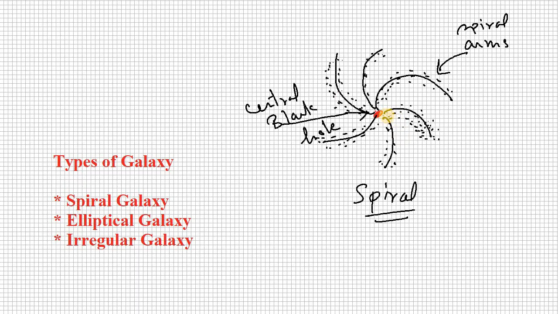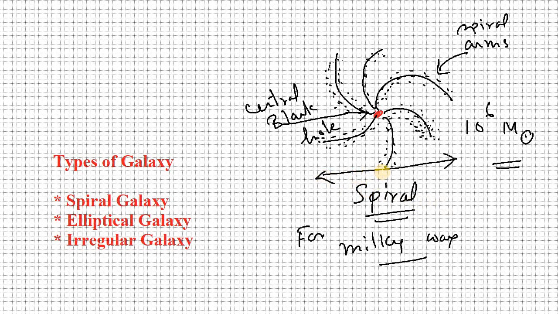The mass of a typical black hole is in the order of 10 to the power 6 solar masses. For the Milky Way galaxy, which is a spiral galaxy, we have a supermassive black hole, and the size of the galaxy is around 10 to the power 5 light years.